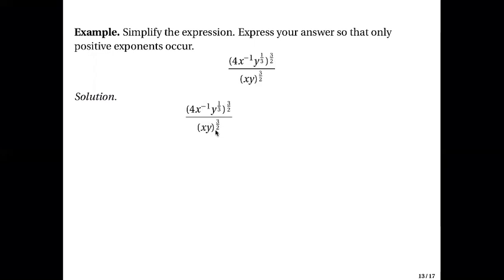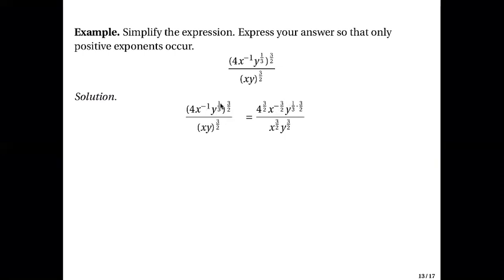From here, we have the laws of exponents, so we can distribute the exponents over the product. So we will have 4 raised to 3 halves. Then x raised to negative 1 with the power 3 halves, so you multiply negative 1 times 3 halves and you have negative 3 halves.